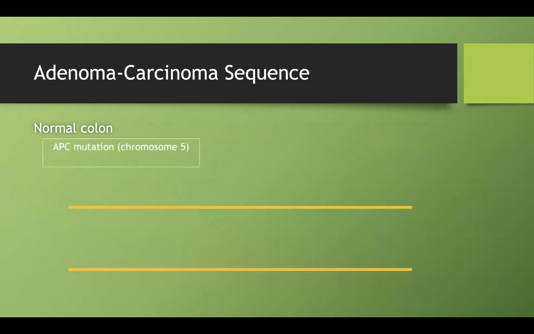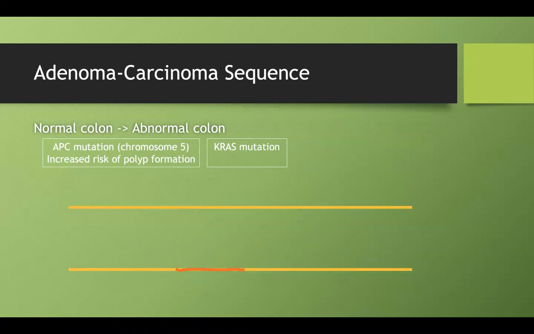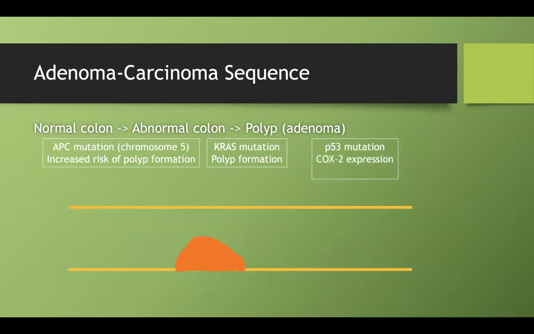Well, the first mutation that happens is an APC mutation in chromosome 5. And this can increase your risk of polyp formation. The second mutation that'll happen is something called a KRAS mutation, which, if you have a KRAS mutation at this site, you'll end up forming an adenoma. Finally, that adenoma can transform into a carcinoma through a p53 mutation, as well as increased COX-2 expression.